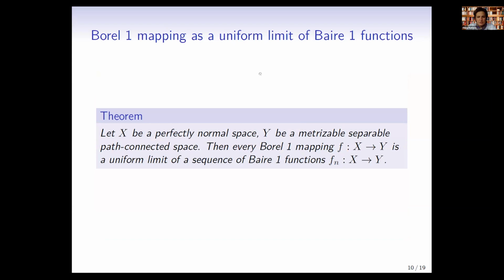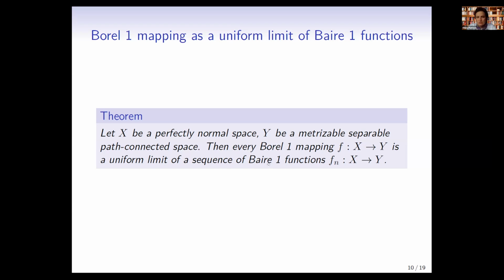The second step is to construct a uniform limit of a sequence of Baire-1 functions which approximates any Borel-1 mapping. I try to give here a more general result, but there are a lot of results in this direction.